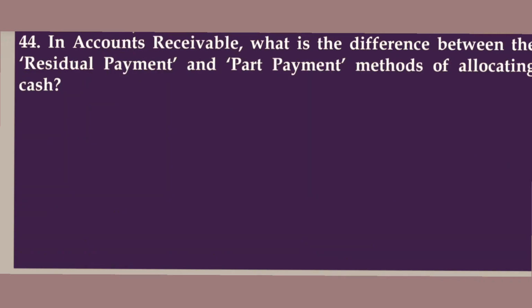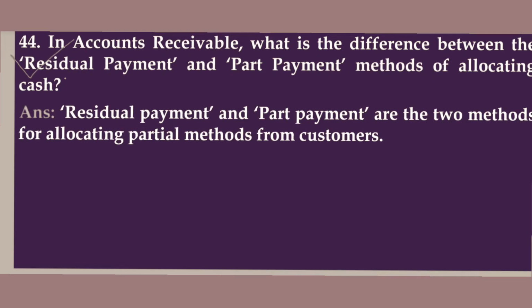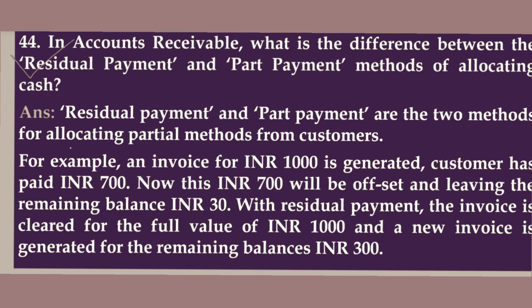In accounts receivable, what is the difference between the residual payment and part payment methods of allocating cash? Residual payment and part payment are the two methods for allocating partial payments from a customer. For example, an invoice for INR 1000 is generated and the customer has paid INR 700.